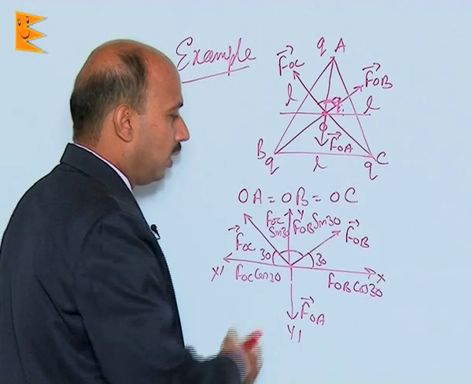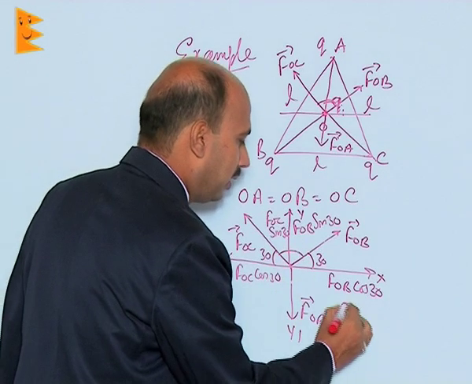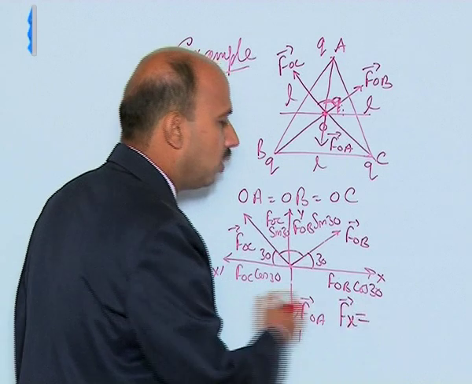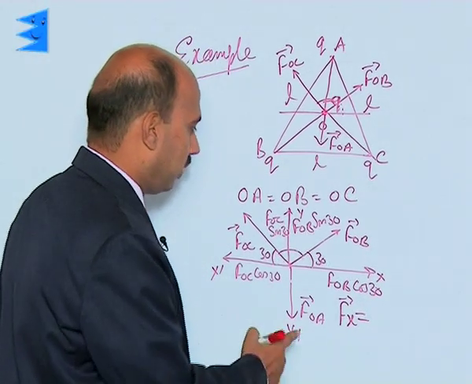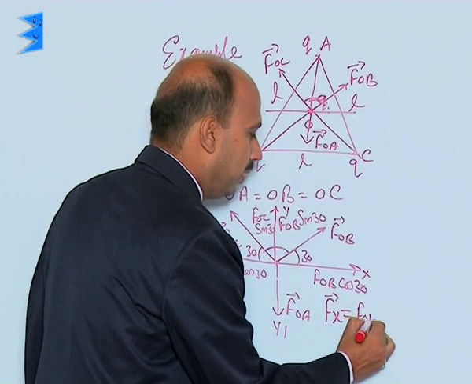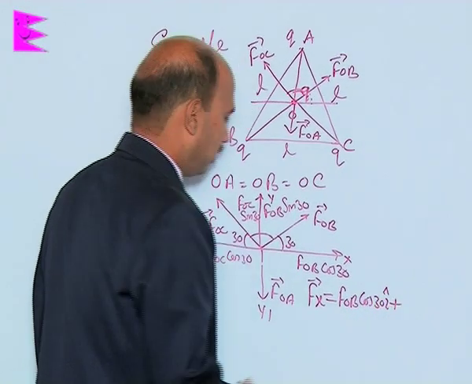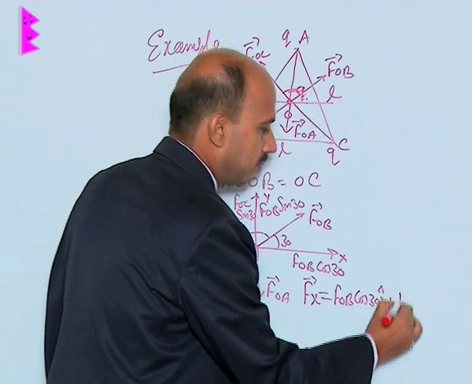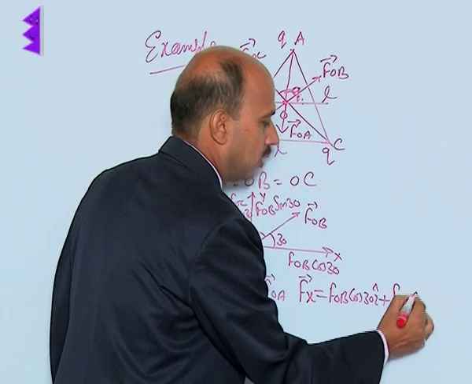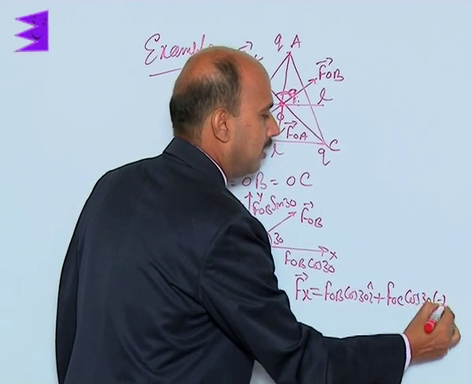Now we can solve along the x axis. So we can get Fx, total force along x axis, is equal to FOB cos 30 i cap plus FOC cos 30 minus i cap.